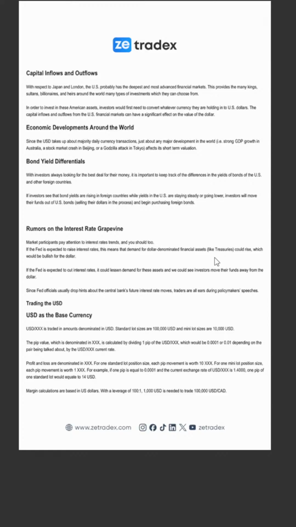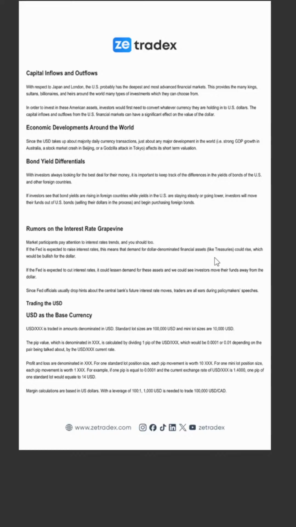Now, since Fed officials usually drop hints about the central bank's future interest rate moves, traders are all ears during policymakers' speeches. Now, speaking of trading the USD as the base currency, pairs like USD/CHF, USD/CAD, USD/ZAR are traded in amounts denominated in United States dollars.